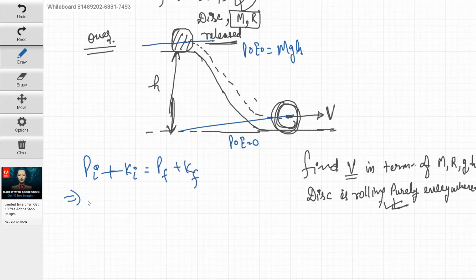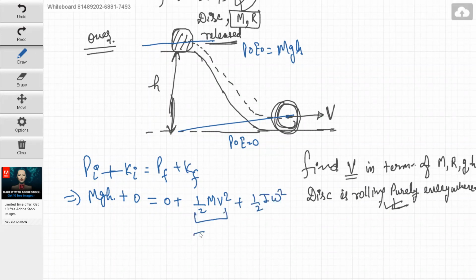Initial potential energy is mgh. Initial kinetic energy is 0. Final potential energy is also 0. And final kinetic energy is half mv square plus half I omega square. This is translational kinetic energy, and this one is rotational kinetic energy.